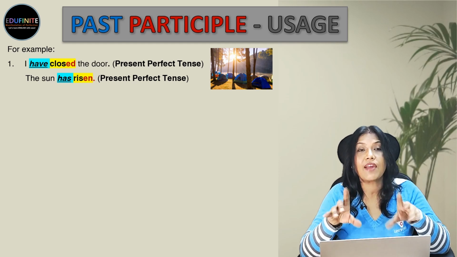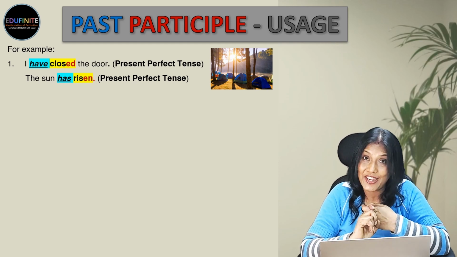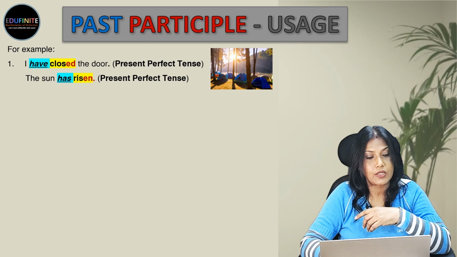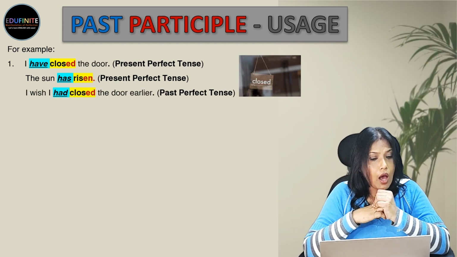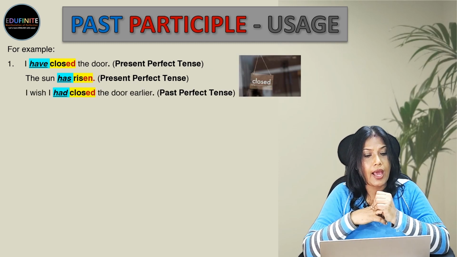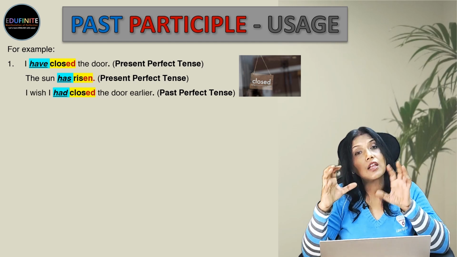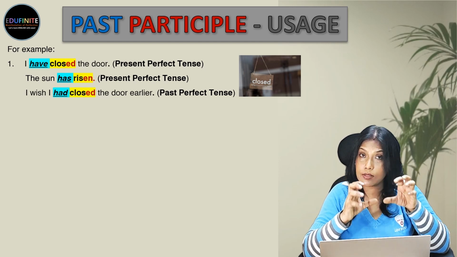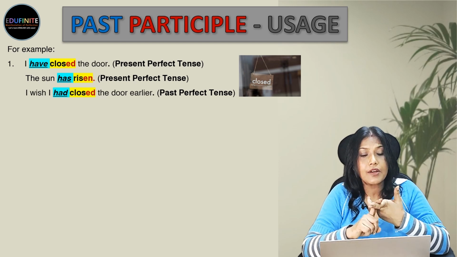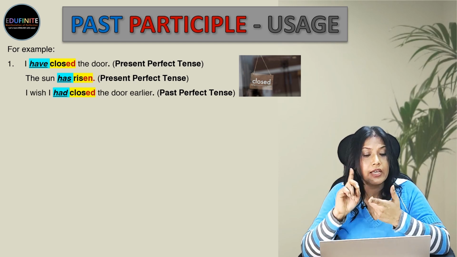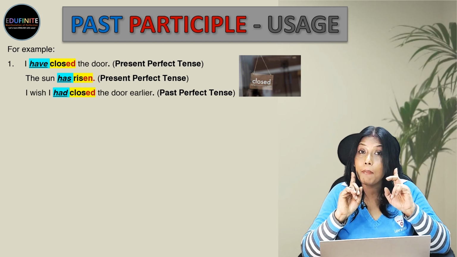So this way we form the present perfect tense. Okay, now the next one: I wish I had closed the door earlier. So had closed. We are using the auxiliary had, and here it's the past participle closed, so we are forming the past perfect tense.